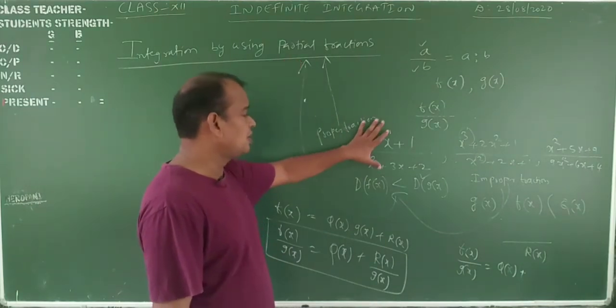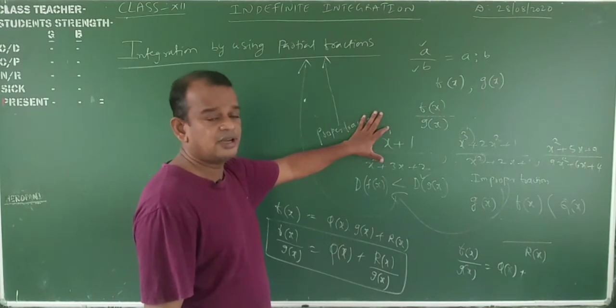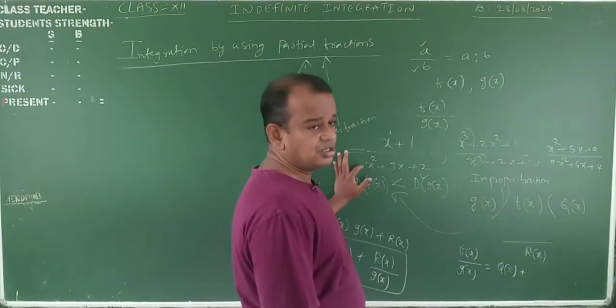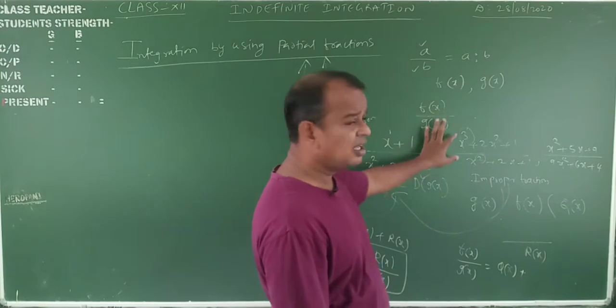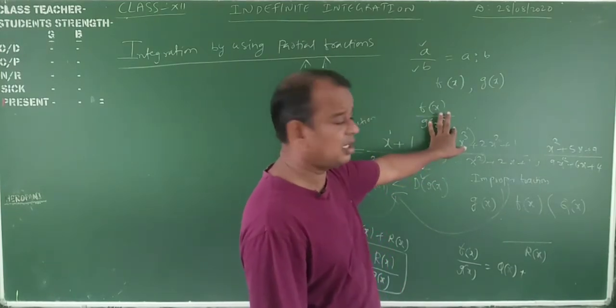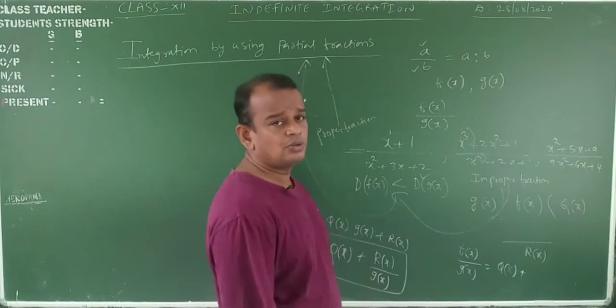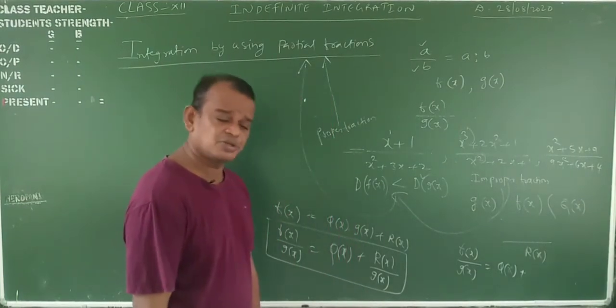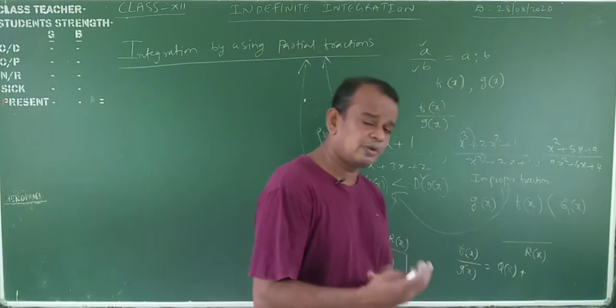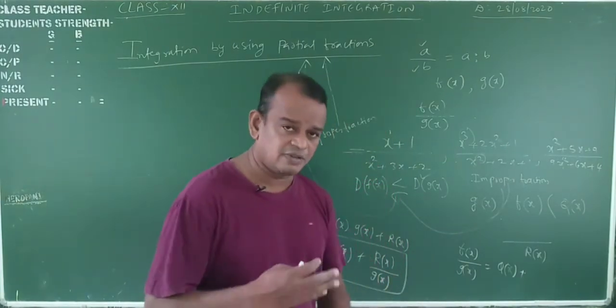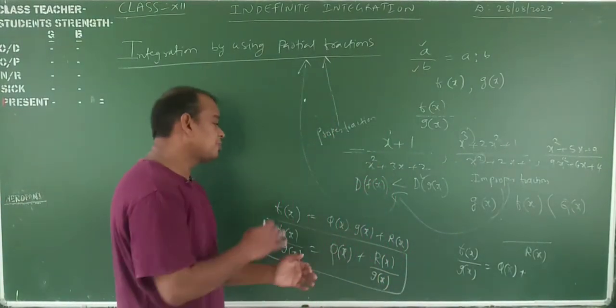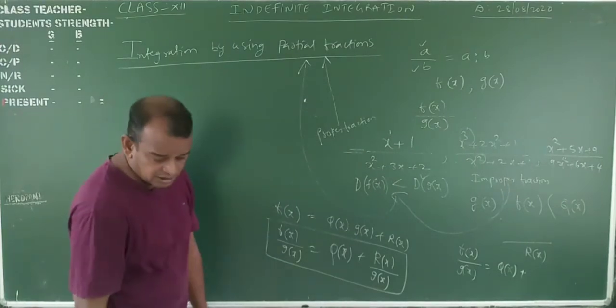What is proper? The degree of f of x is less than the degree of g of x. Here, the degree of f of x is more than or equal, that is called improper. Is it possible to convert an improper fraction into partial fractions? No. First, improper fractions will be converted into proper fractions, and the proper fractions will be converted into partial fractions.